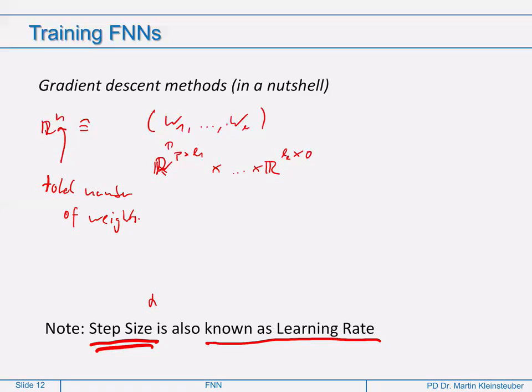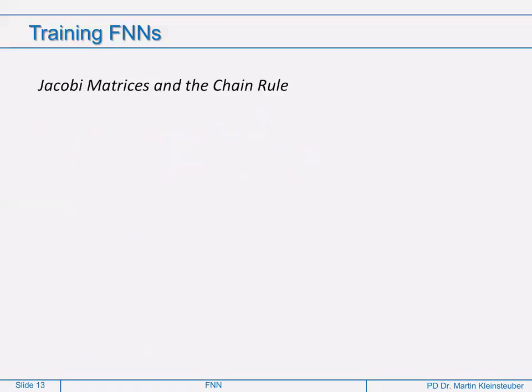This is actually the secret behind everything. So this is what we need to have a look at and recall. I assume that you have all heard about it, but nevertheless we should recall it rather quickly: Jacobi matrices and the chain rule.